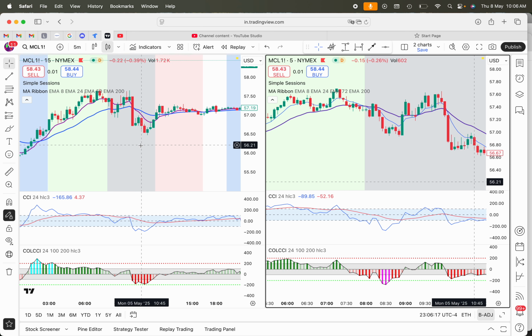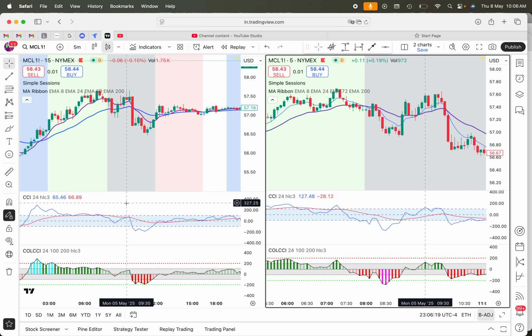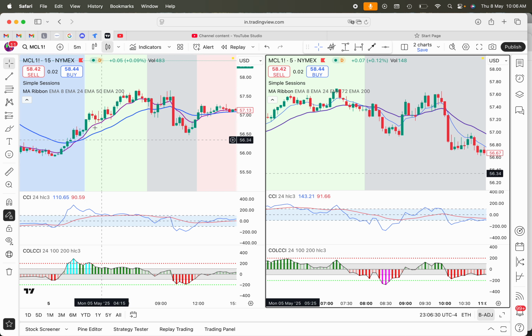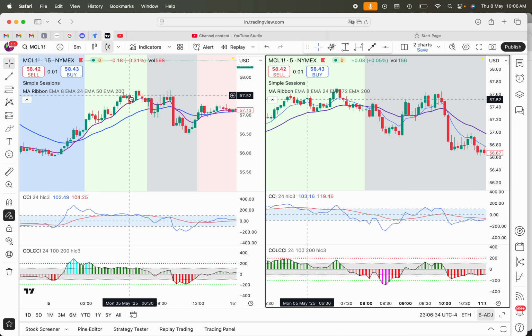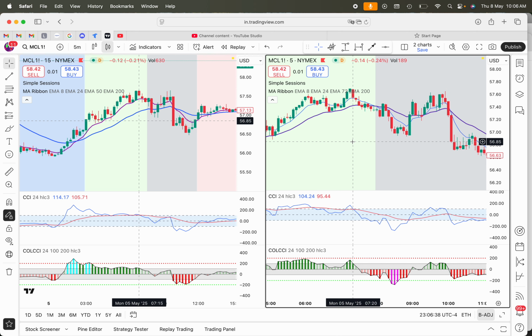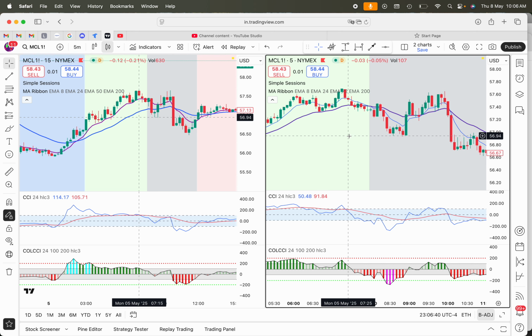With the 15 minute, I'm looking to see extremities of price or the CCI pushing through for shorts, the minus 100 and the plus 100 for longs. The 15 minute will just hold its price or hold its trend a bit longer, whereas the smaller time frames, they whipsaw all over the place, as we know.